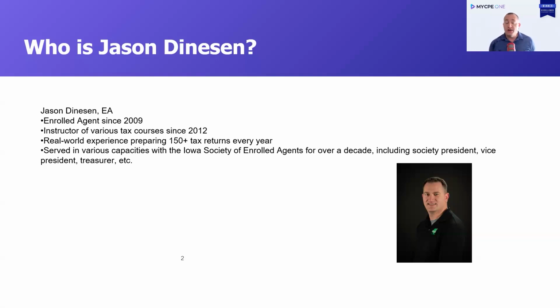And for a time, I was quite active in the Iowa Society of Enrolled Agents. I've since cycled off, but I was heavily involved with that, including society president for a number of years. So I come at this with a lot of on the street or in the field experience that I bring to a lot of our discussions here.